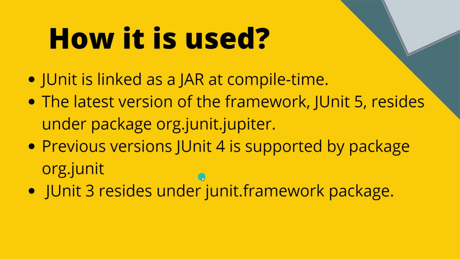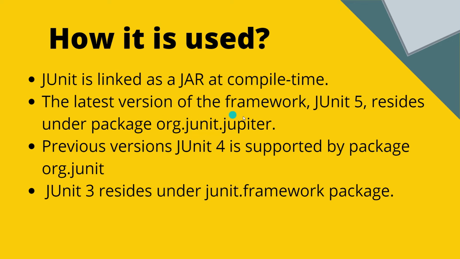Now let's see how it is used. JUnit is basically linked as a jar at compile time in your project. Once it is linked, you can use the capabilities of JUnit. The latest version of this framework, as you know, is JUnit 5. All the test methods and annotations are supported under the package org.junit.jupiter.